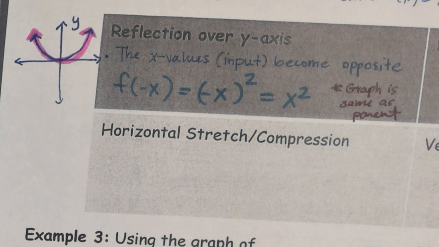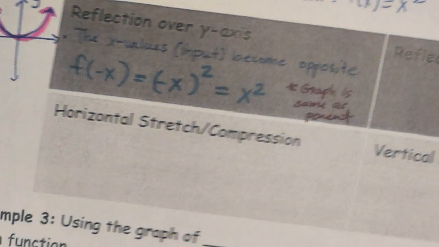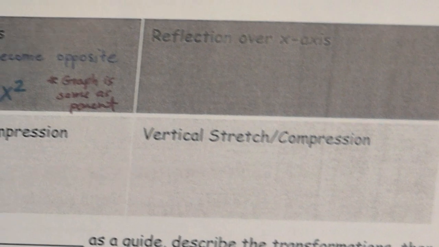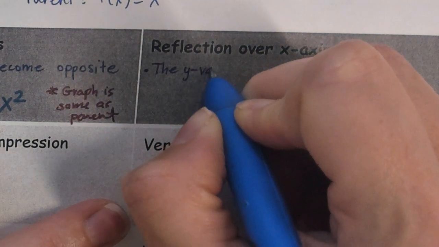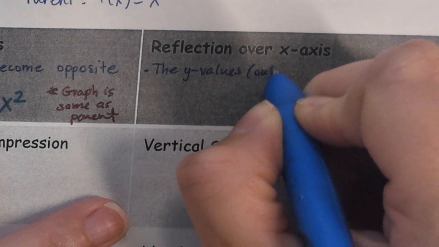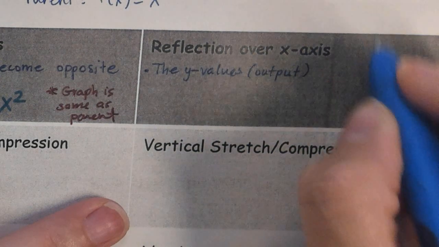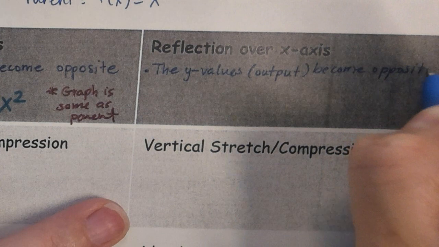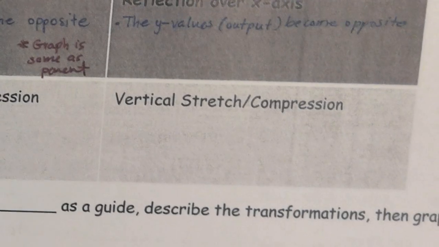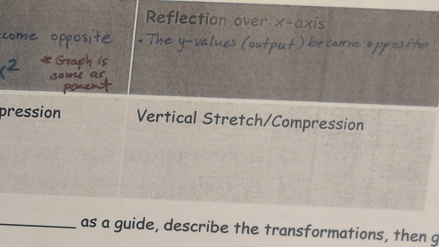Okay, so now let's think about what happens with the x-axis. The reflection over the x-axis means that the y values become the opposite. The y values are the output, and they become opposite. So remember that our rule for x means the negative is on the outside.